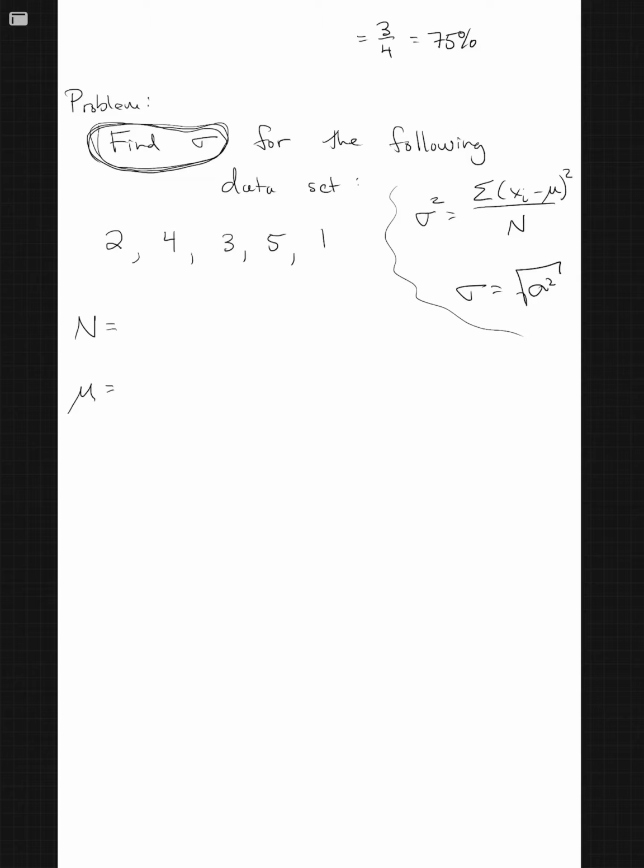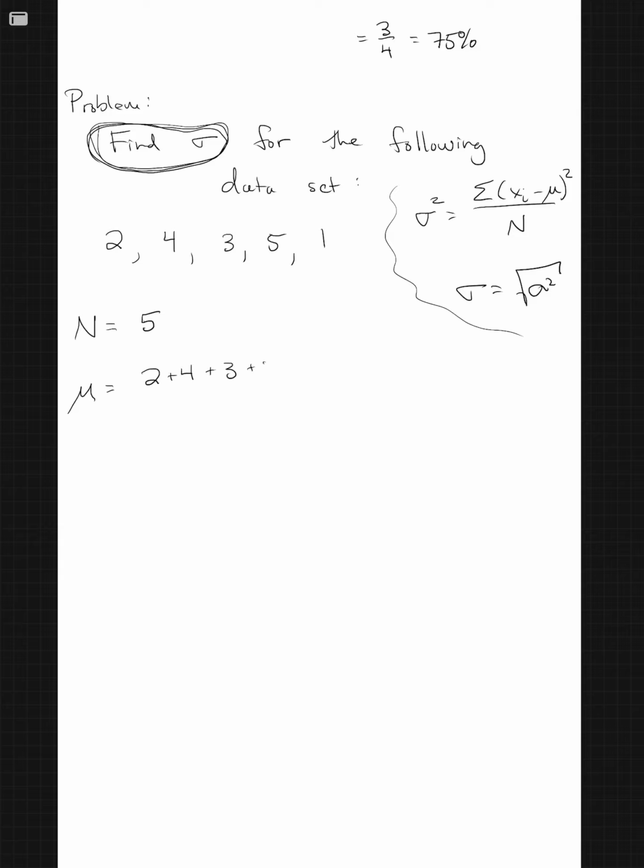So first off, n is 5. Mu was the sum of all the data divided by 5. So that's 15 divided by 5, which is 3.